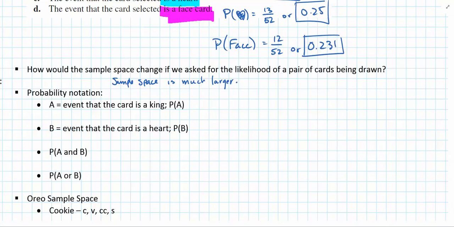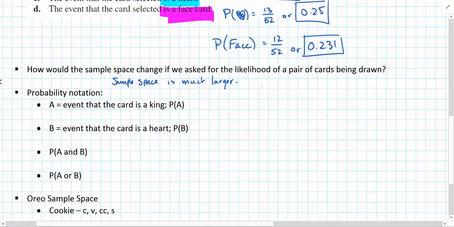And the reason for that is because we're not looking at the likelihood of picking a card individually, but a pair. And when we start looking at the pairs, we have to consider what's the chance that each individual card can be paired with another card. And all of those relationships that compare 2 cards to one another really add up. It makes a much larger group.